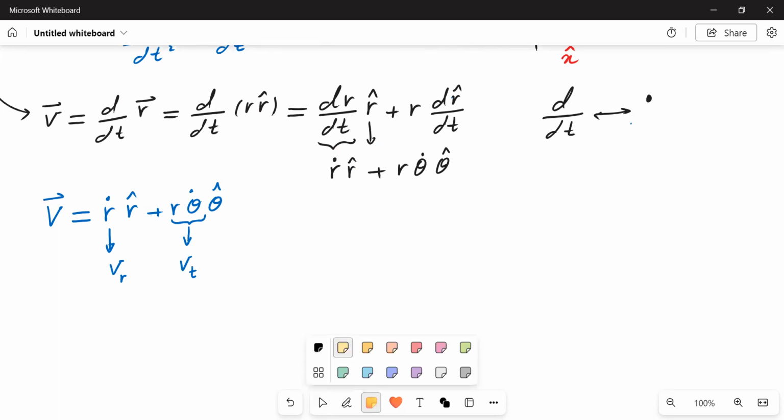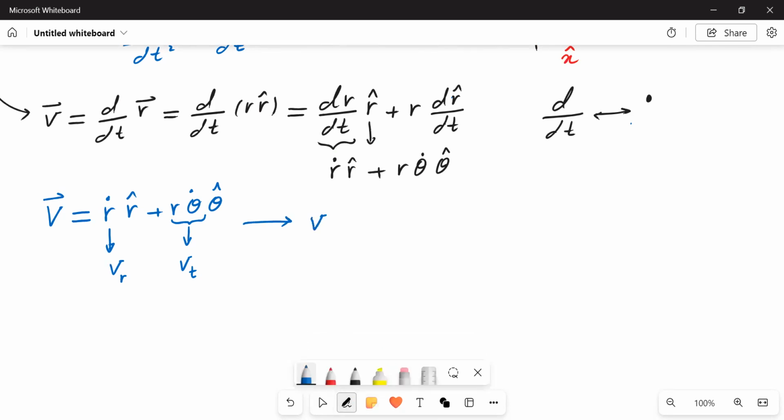So in other words, I can write V in terms of a radial velocity and an azimuthal or tangential velocity. Notice that the units are consistent in both cases. In both cases, they would be given in terms of meters per second. Okay.